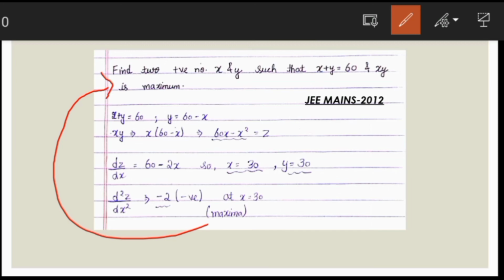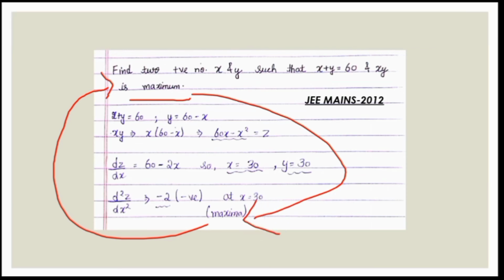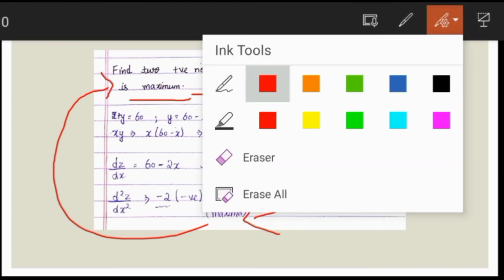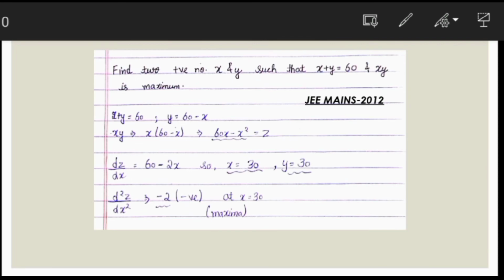To find the maxima and minima, we have to do the double differentiation, that is the differentiation of the derivative that we found earlier, which is 60 minus 2x. So the double differentiation will be minus 2, which is negative. For maxima, if the double differentiation is negative it will be maxima, and if positive, it will be minima.